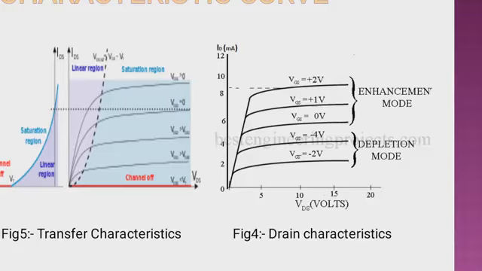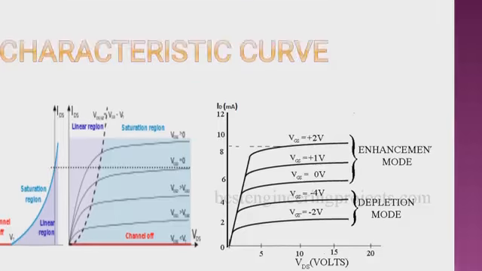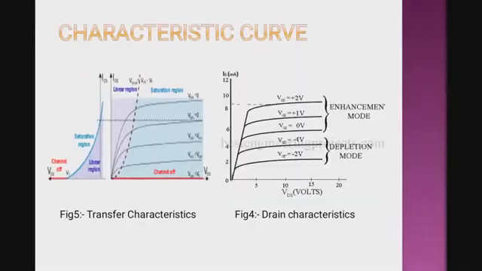This is called the pinch off voltage. And before pinch off, this region is called the ohmic region, because in this region we have seen if we increase the voltage, the current is also increased gradually. That is why this region is called the ohmic region.